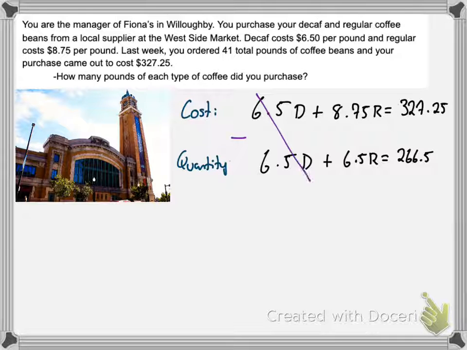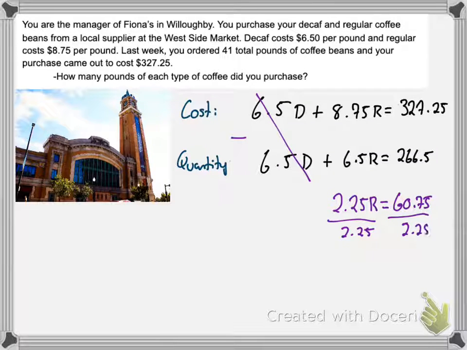They cancel. I'm going to get 8.75 minus 6.5 is 2.25R, and on the other side, I'm going to get 60.75. Divide both sides by 2.25.